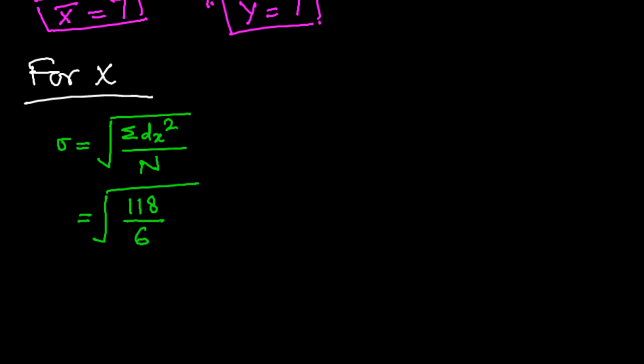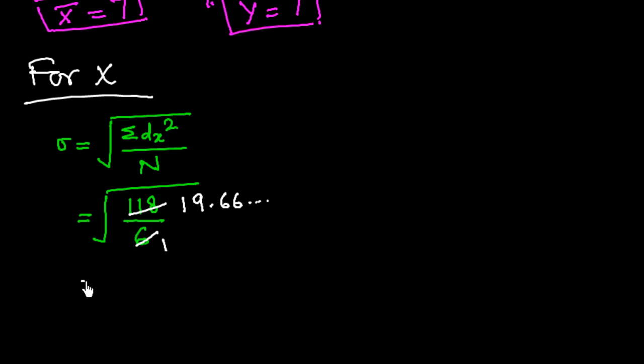So here we simplify this. 6 one time, 6 one time, now 58. 6 nines are 54, and 4 remains here. 6 times 36, and in this way we get the data.